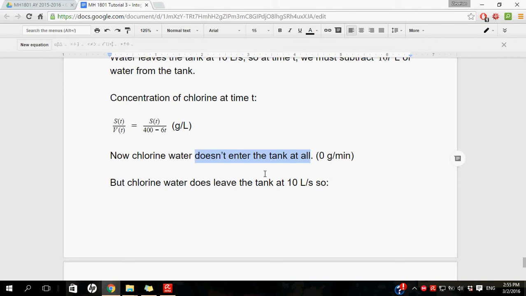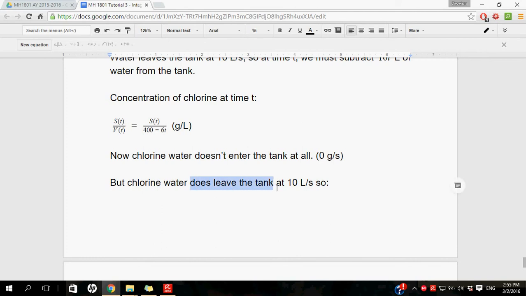We are not putting any water with chlorine into the tank. So the rate at which we add chlorinated water to the tank is 0 grams of chlorine per unit time. Time here should be in seconds.